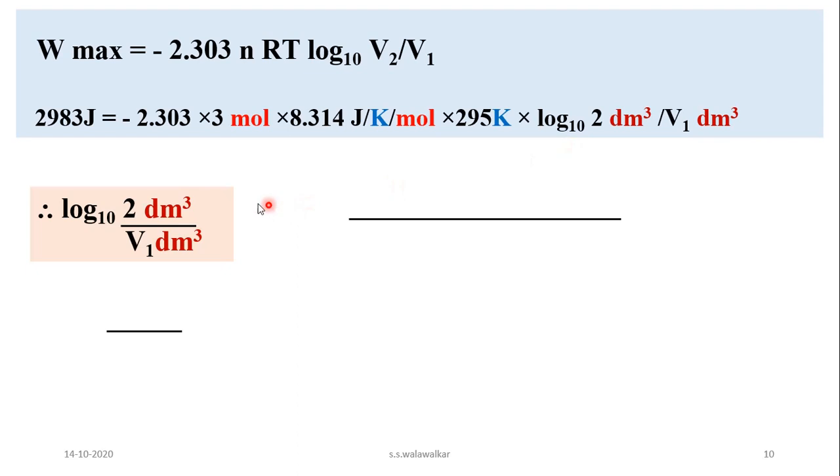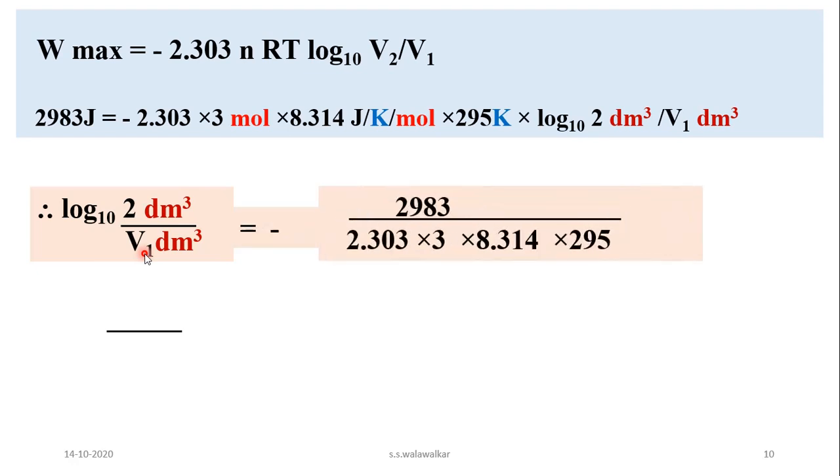Therefore take this on this side. Log to the base 10 of 2 dm cube divided by V1 dm cube is equal to 2983 joules, that is W, divided by this quantity 2.303 into 3 into 8.314 into 295 Kelvin.